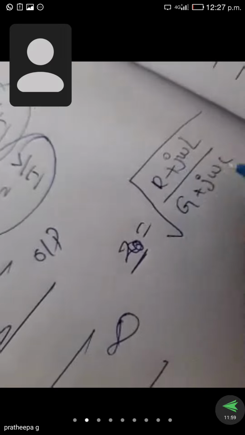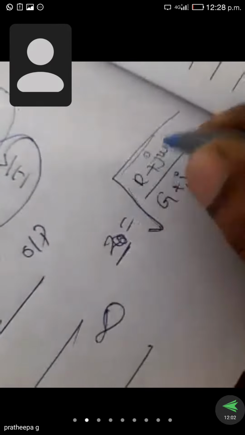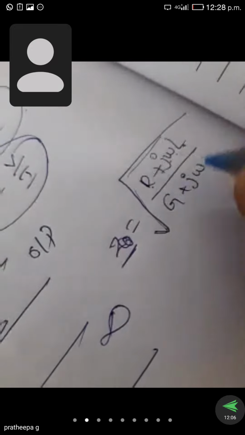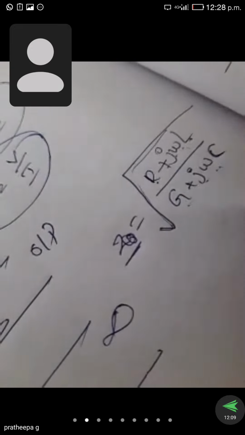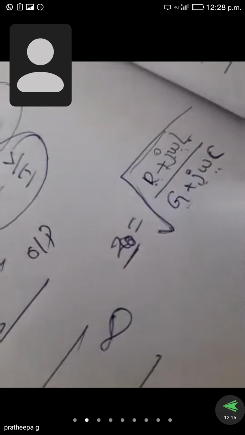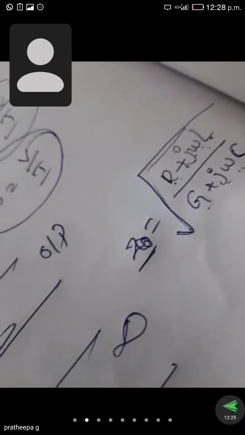It can be represented as the square root of R plus j omega L by G plus j omega C. The upper part has the series components and the lower part has the shunt components.